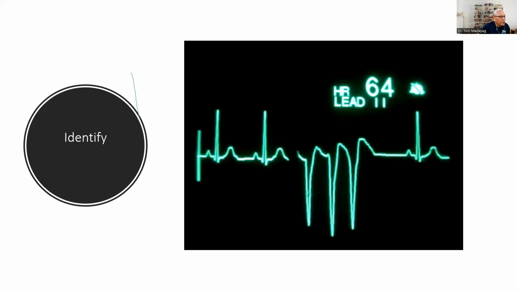All right, so a lot of you said VTAC, some of you said multifocal PVCs, triplet PVCs, and ventricular trigeminy. So let's take a look at what the correct response is.